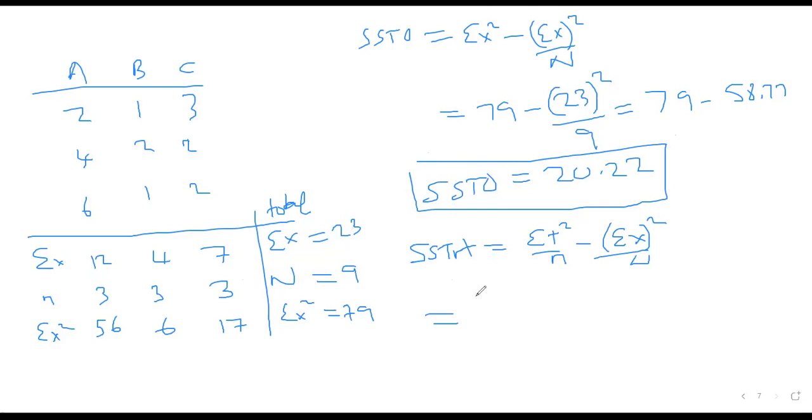So 12 squared over 3. The next one was 4 squared over 3. Next one was 7 squared over 3, minus 23 squared over 9. So what are we getting here?